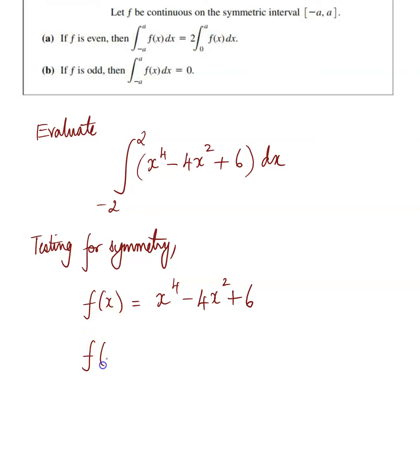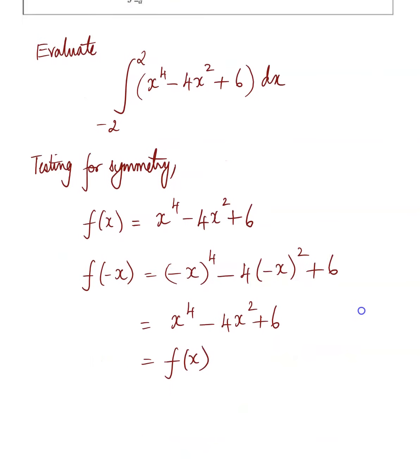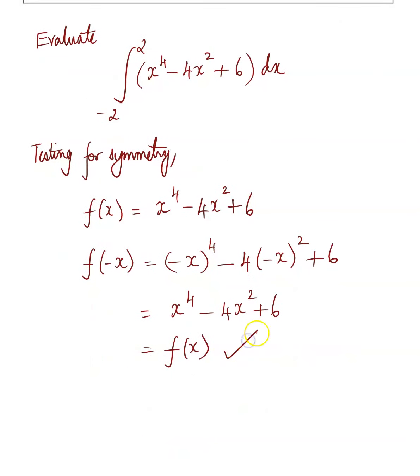So what this says is, if I replace all the x's with a negative x, I should get back the original function. Now, because these are even powers, this will come back as positive. So x to the power 4 minus 4 positive x squared plus 6, which is the same as our original function. When you replace x by negative x, you got back the original function, so you were able to test that this is even.